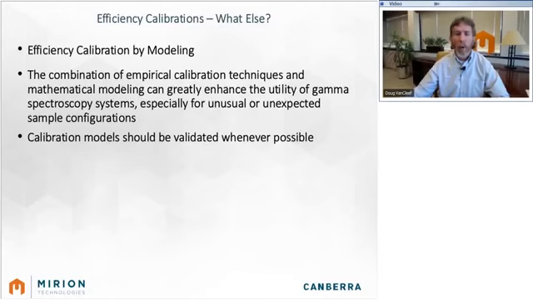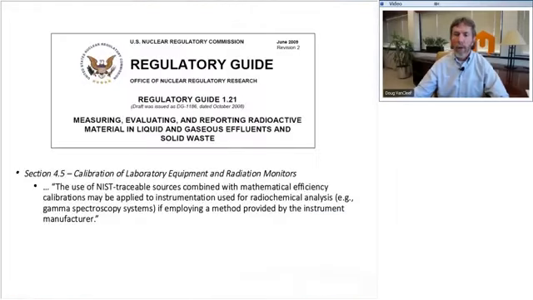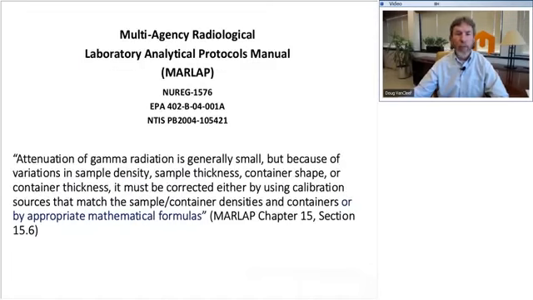And you may be already aware that mathematical modeling techniques are now widely accepted by regulatory bodies and addressed in consensus standards. I'm going to give you a couple examples of those. In the NRC's Reg Guide 121, we have now language regarding the use of mathematical efficiency calibrations for nuclear power plant effluent monitoring. MARLAP, a very good, modern reference for radiochemists, also references the use of mathematical models.